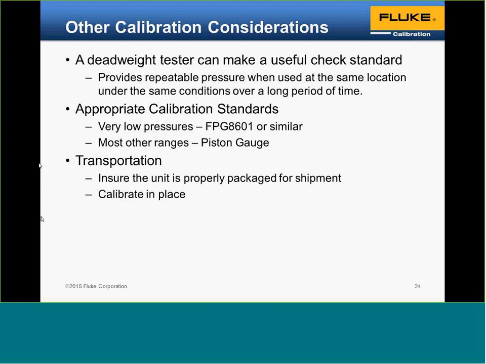For some pressure controllers, you may be able to get away with calibrating against another pressure controller. We find that the majority of these calibrations are going to be done against a piston gauge. So, whether calibrating it yourself or sending it out for calibration, that's the equipment that you're looking for from your accredited calibration provider.